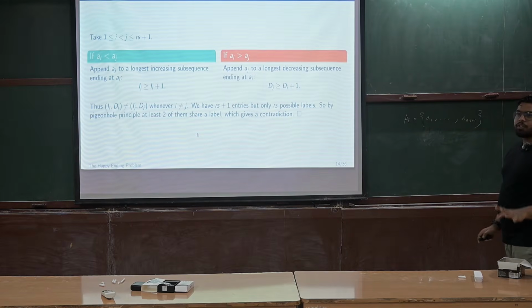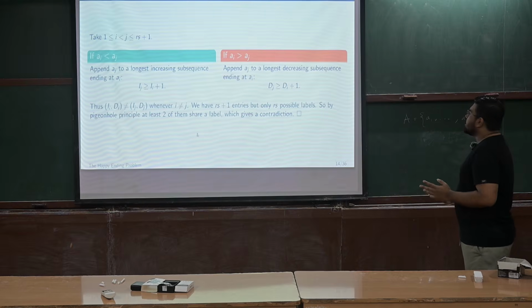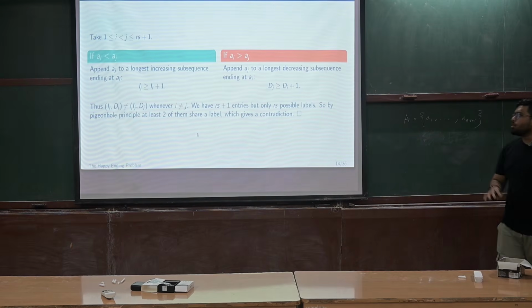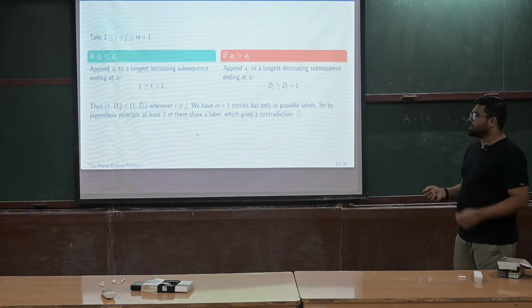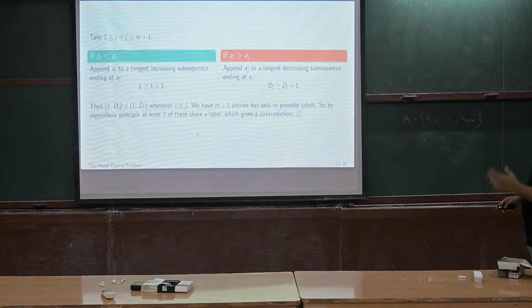So the label function is an injective function. And now you see that we have rs plus 1 many elements here, and you only have rs many possibly available labels. So by the simple pigeonhole principle, at least two of them must share a label, which gives the contradiction.